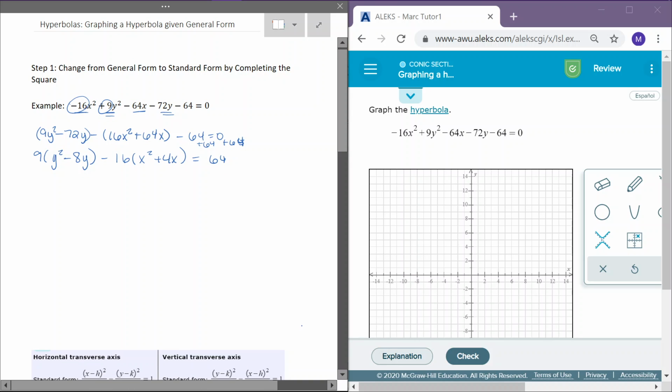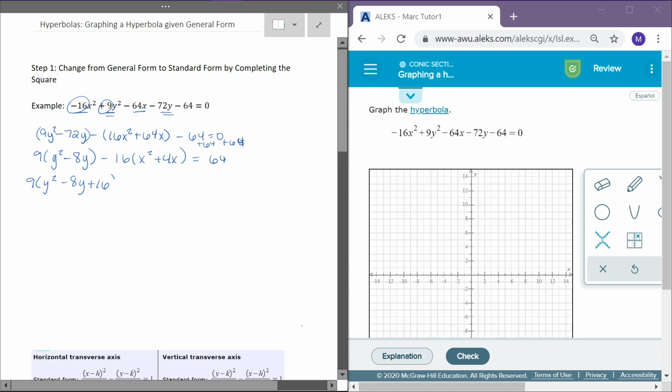So next I want to work on completing the squares. So here I have 9 times y squared minus 8y, and I need to figure out what this third term is. So to do that, I'm going to take half of this negative 8, and then I'm going to square it. So half of negative 8 is negative 4.